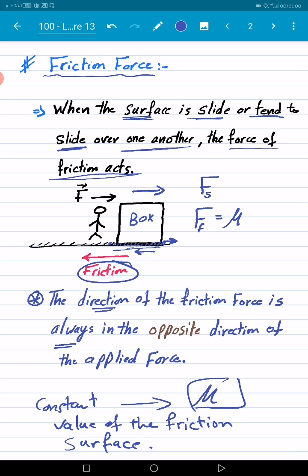But here we discussed the static friction, so F_s equals mu_s multiplied by N. N is the normal force applied to the object. I give you one example, and the others are in your document.